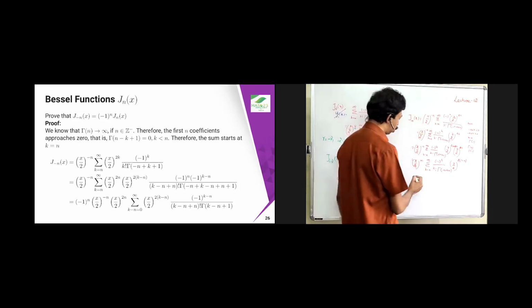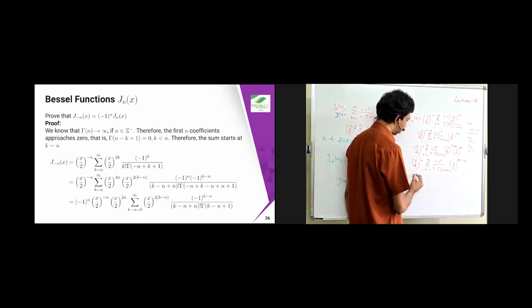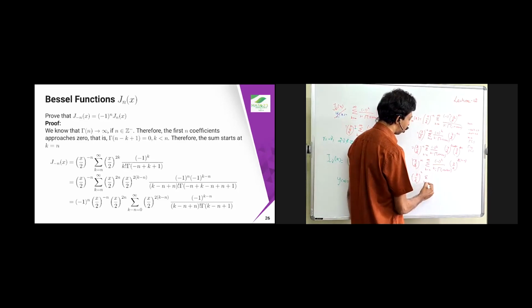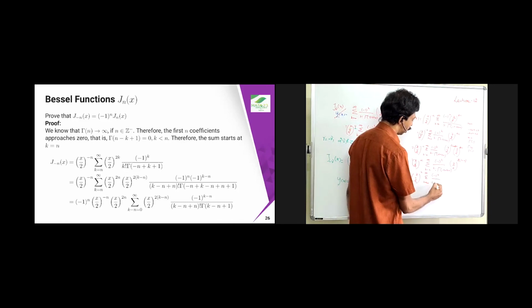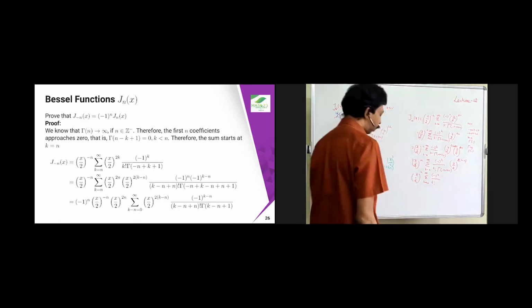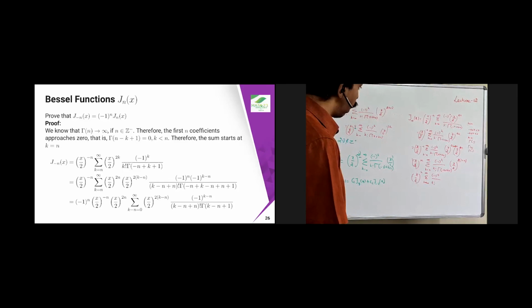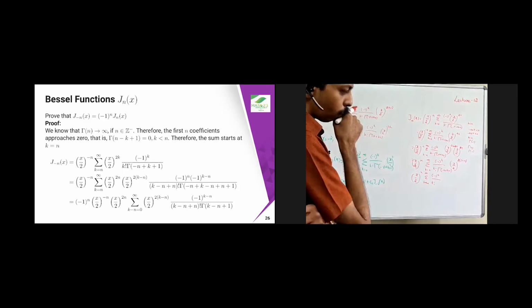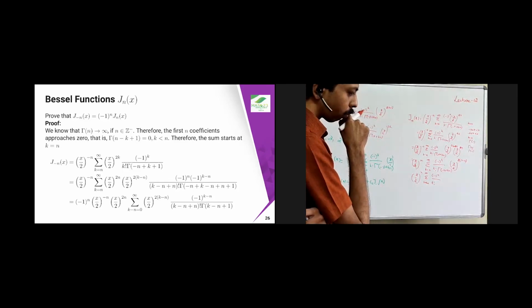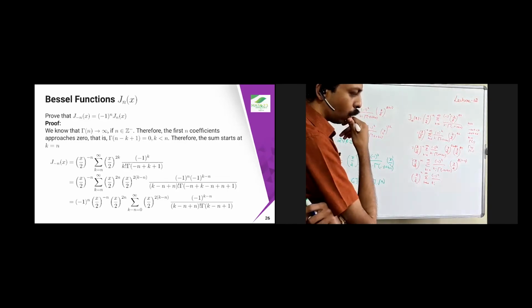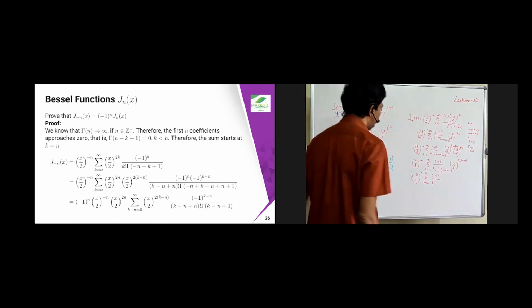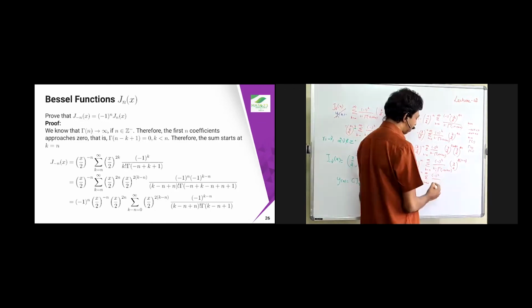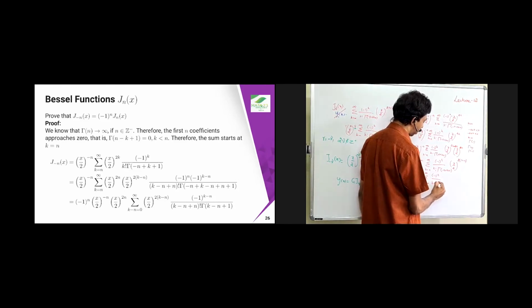I am going to write (x/2) power n, summation k equal to n to infinity, which is the same as k minus n equal to 0 to infinity, because both are the same, minus 1 power k by k factorial into gamma of, times (x/2) power 2(k minus n). That's fine. Now I am going to do some more manipulation. This k factorial I can write as k minus n plus n factorial.